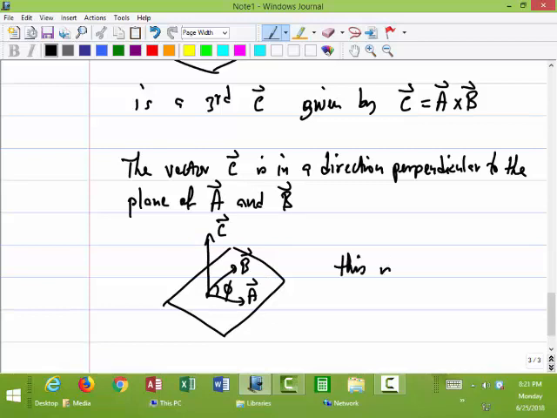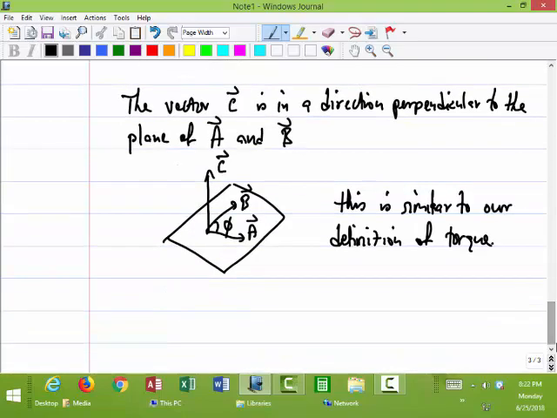This is similar to what we did for torque. In our definition of torque, we had two vectors: the lever arm R and another vector, the force F, and the angle between them was phi. We could write it this way, where this is the lever arm R and this is the force F, and the angle between them is phi.